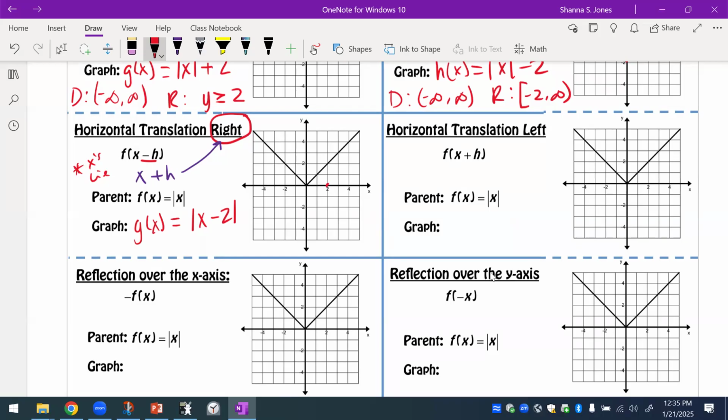And every point is going to move 2 units to the right. Okay, and that's because you're adding 2 to each one of your x values. And 2 can be any number, right? We're just choosing 2 to fit our graph. Okay? Does that make sense? Okay.